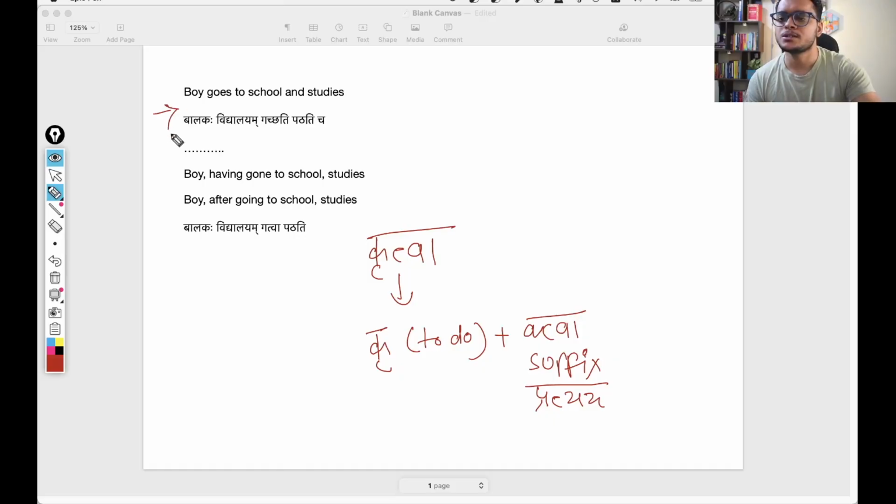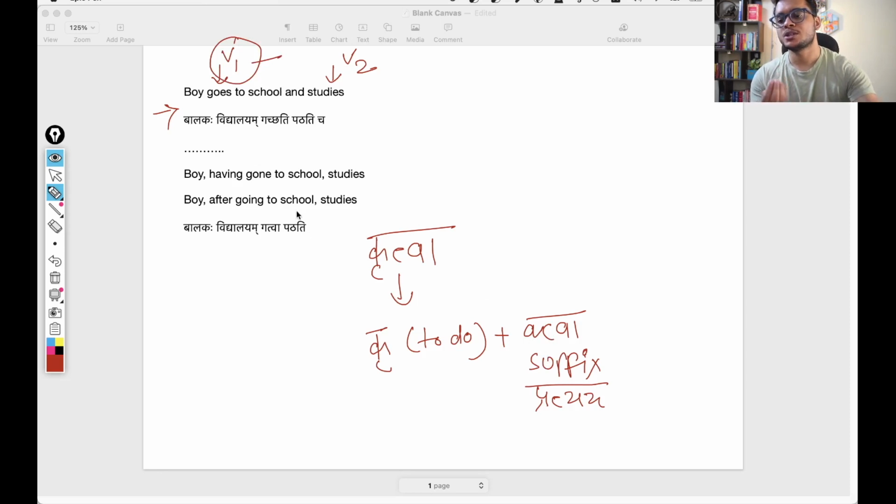So let's consider this example. Boy goes to school and studies. So there are two verbs, two kriya that are happening. First, the boy goes to school. This is verb 1, the kriya 1. And then boy studies. This is verb 2 or kriya 2. So whenever we want to denote any verb that happened before something else, we use this twa suffix.